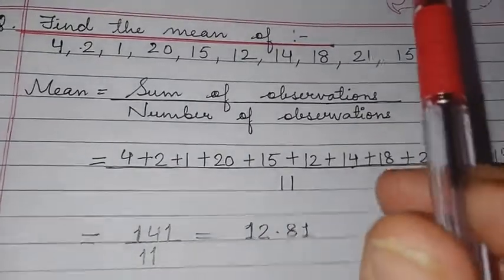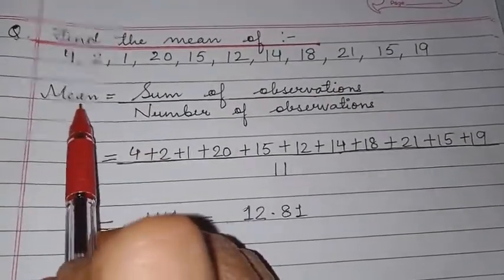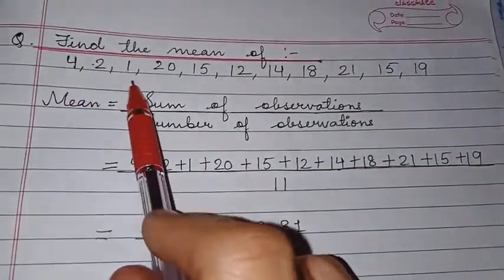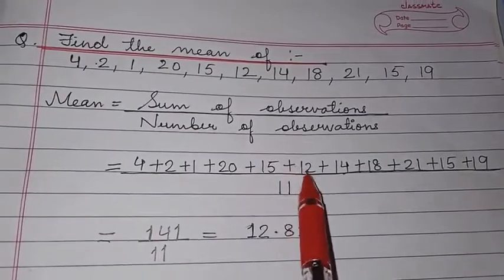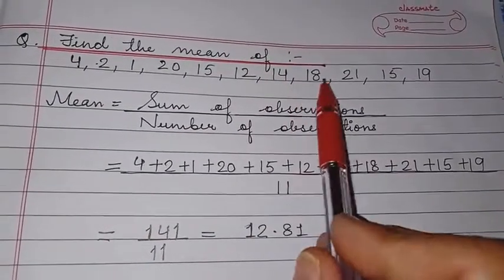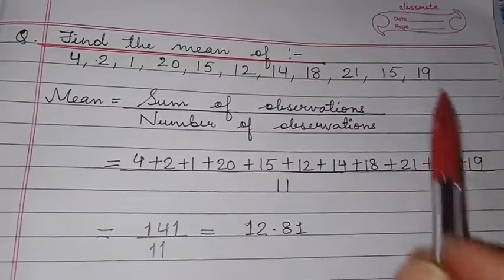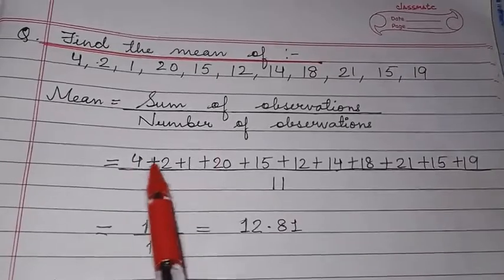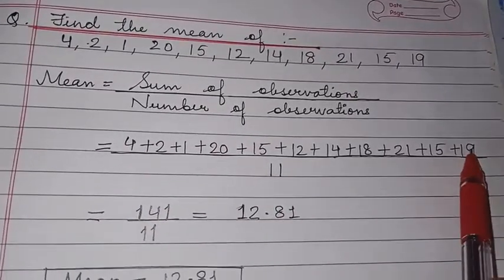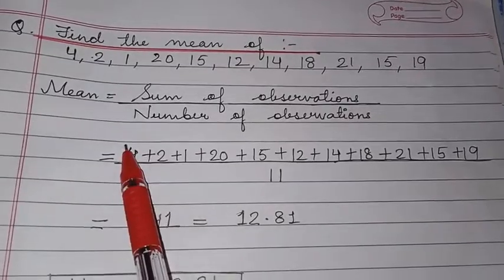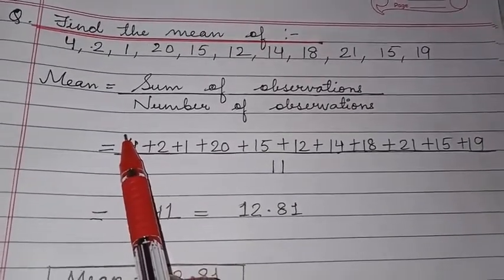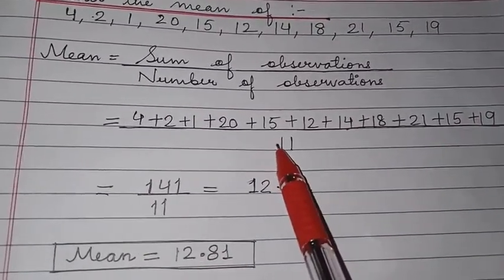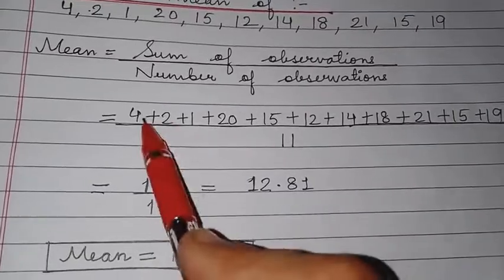So mean is equal to the sum of observations upon the number of observations: 4 plus 2 plus 1 plus 20 plus 15 plus 12 plus 14 plus 18 plus 21 plus 15 plus 19, upon 11. Add all these numbers correctly. When this type of question comes in the exam, check the addition 2 to 3 times. I totaled them to 141.